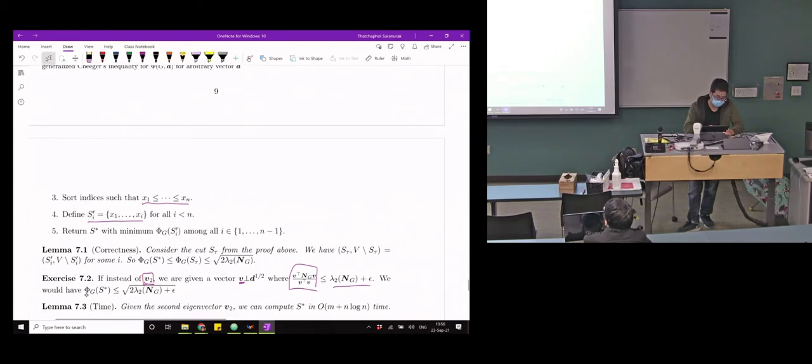Why would we get this cut with this conductance, maybe plus epsilon?